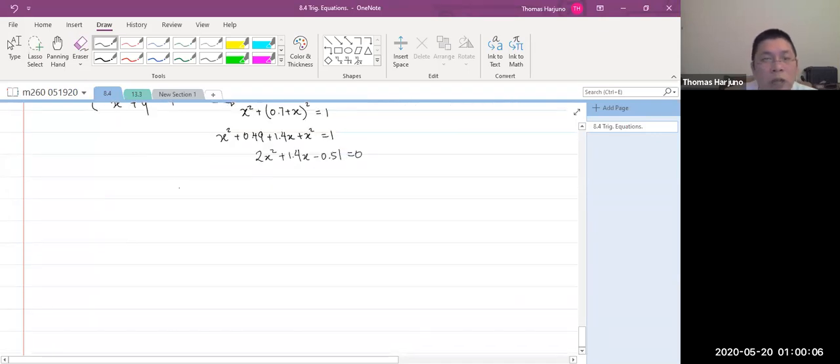What I will do next, I will solve using the formula. So x equals negative 1.4 plus or minus the square root of 1.4 squared minus 4ac, over 2a.